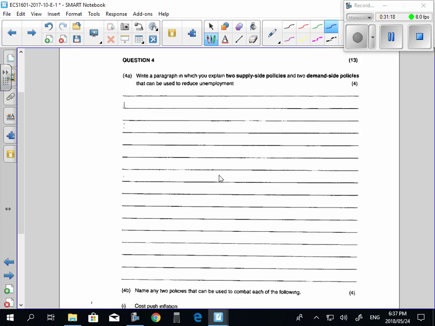So firstly, your supply side. How would we reduce the unemployment from the supply side? You could limit your population growth.